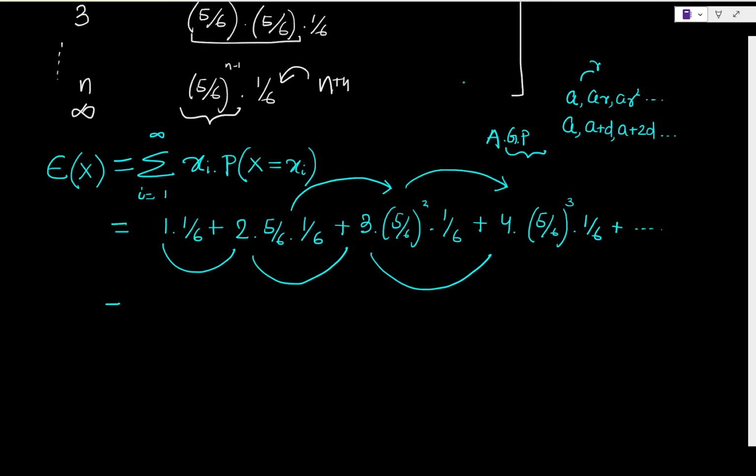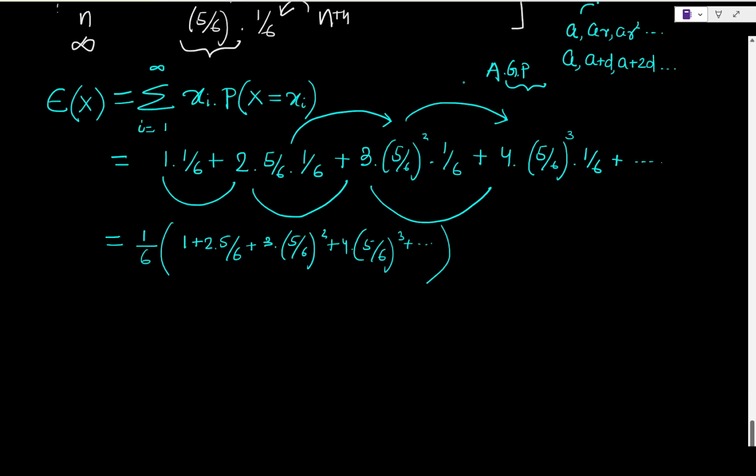The first thing that I am going to do is something that should come to everybody's mind. We just take 1 by 6 common. When you take 1 by 6 common, you get 1 plus 2 times 5 by 6 plus 3 times 5 by 6 square plus 4 times 5 by 6 cube, so on and so forth. The next thing is to replace 5 by 6 with r.